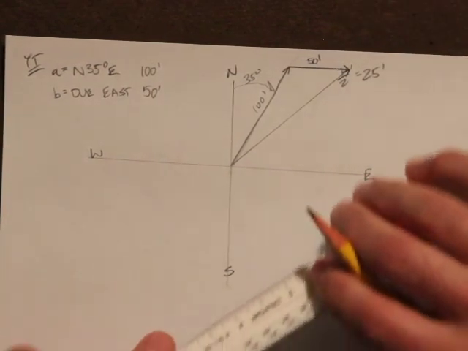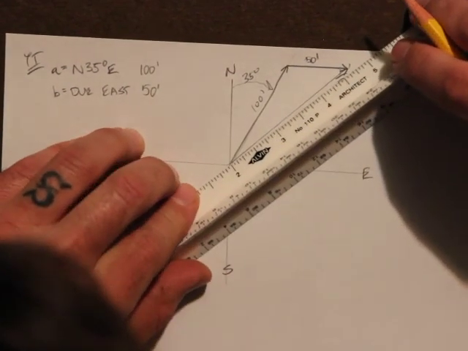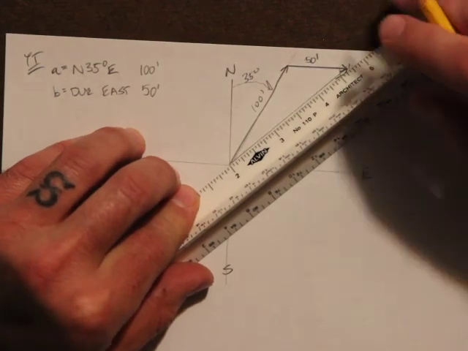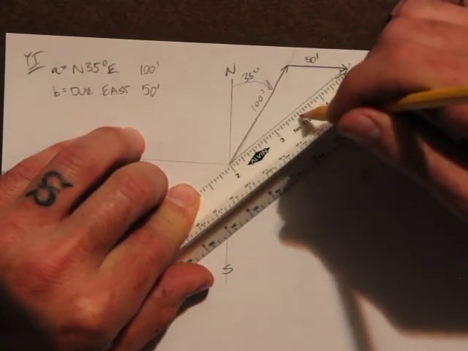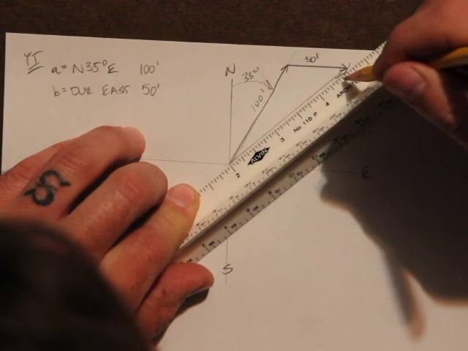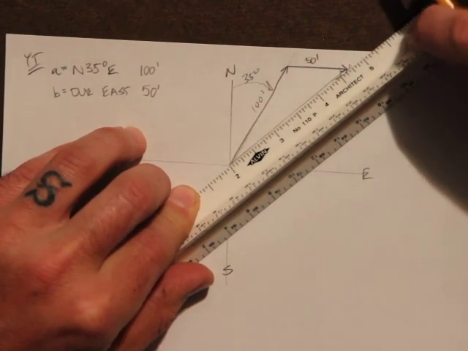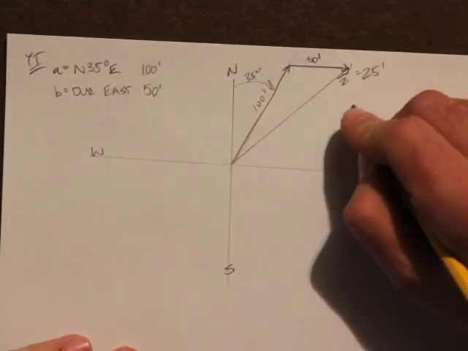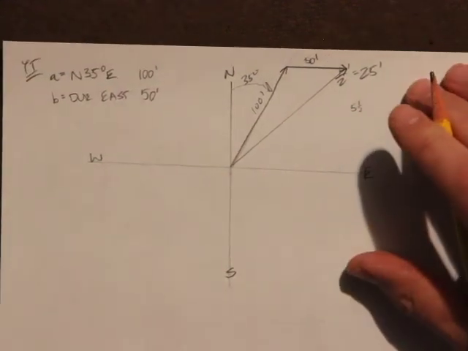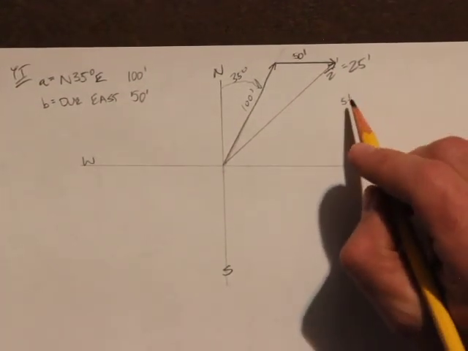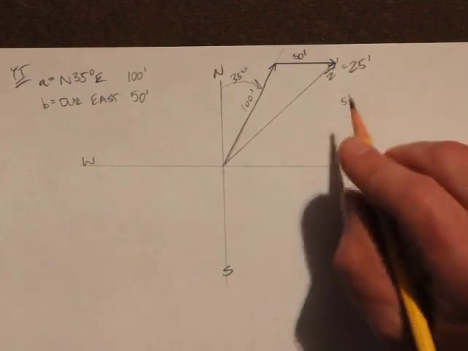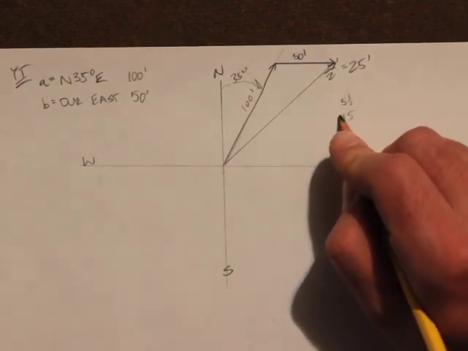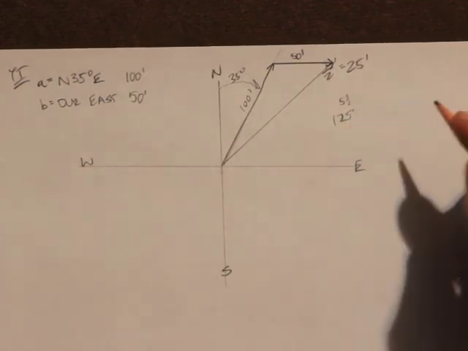And I'm going to measure this. How many half inches are there here? 1, 2, 3, 4, 5 and a half. So I got 5.5 half inches. So 5 half inches will get me 125 feet, right?